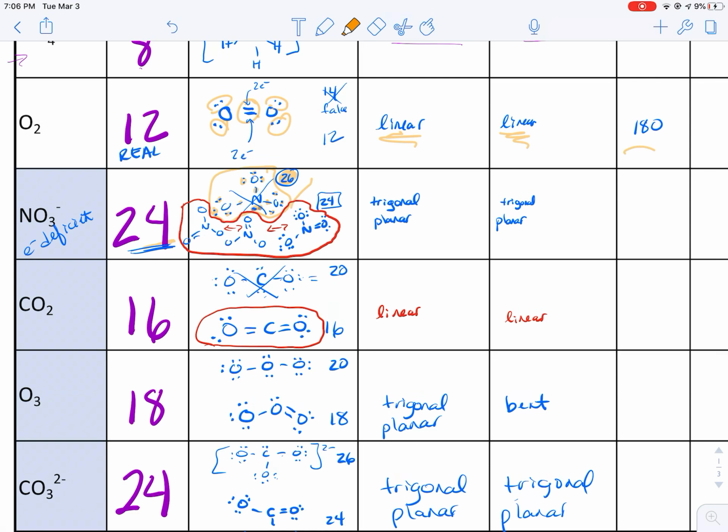And so I drew this structure right here as the first example. If you add him up, you're going to get that nitrogen has got his 8 electrons, so he's good to go. And we could say 2, 4, 6, 8, 10, 12, 14, 16, 18, 20, 22, 24. So that structure works. So then I took a minute and I asked everyone, okay, so what's the question? Tell me the question.